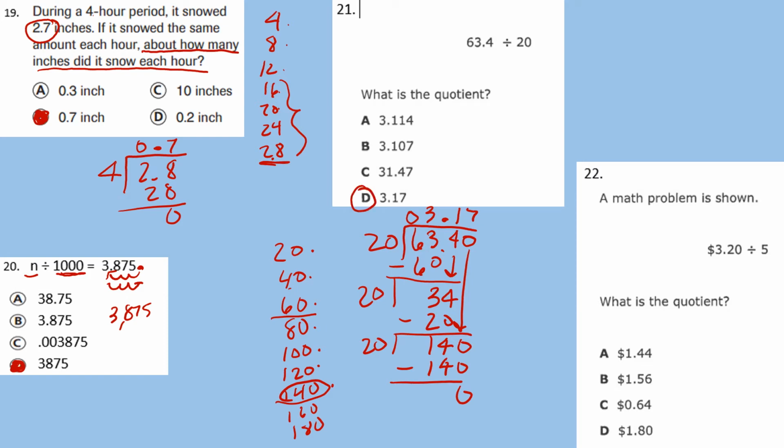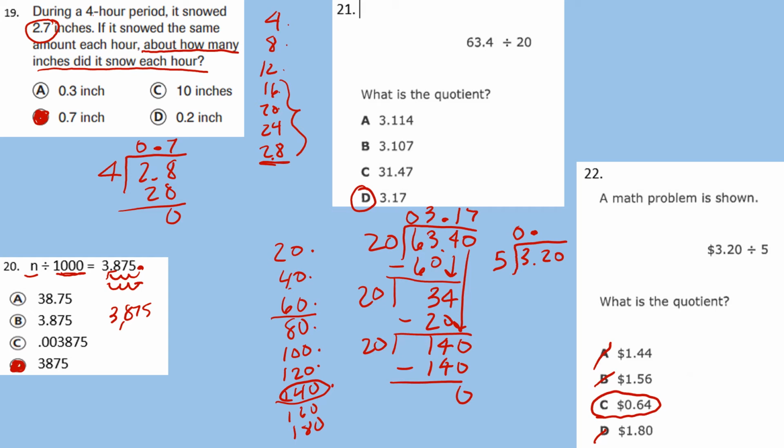22, a math problem is shown. What is the quotient? So we're doing division again. So 3 and 20 hundredths divided by 5. Raise a decimal. 5 goes into 3 0 times. So I already know my answer is less than 1 whole. So my answer cannot be A, B, or D. So I know right now my answer is going to be C. I'm going to work it out to make sure, but I'm just telling you right now.